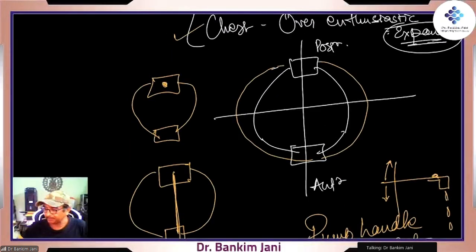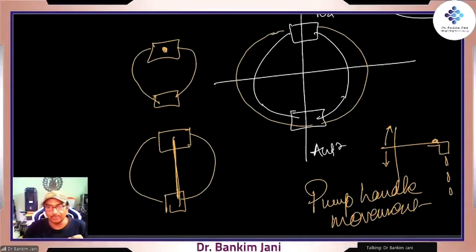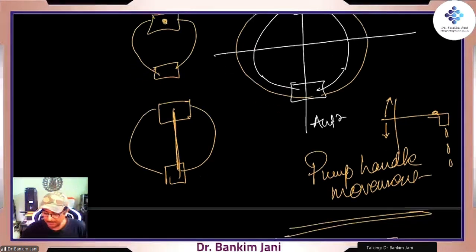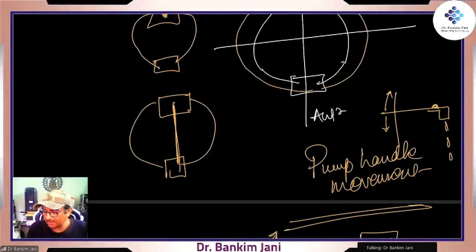One, what is called the pump handle movement. Pump handle movement means, here it is, this is that pump, right? When we move it up and down, the water comes. So that is the typical original pump, the pump handle.